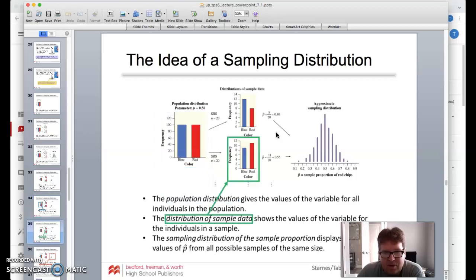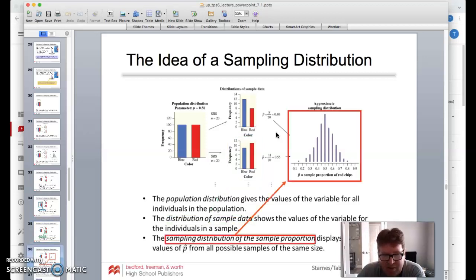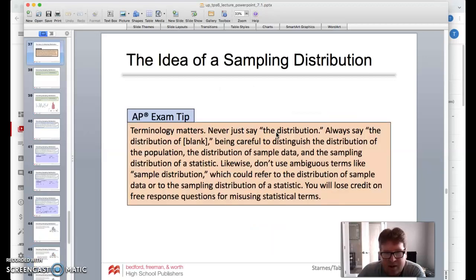The distribution of sample data shows the values of the variable for the individuals in a particular sample. And the sampling distribution of the sample proportion displays the values of p hat, the sample proportion, from all possible samples of the same size. That's where we stop for today.